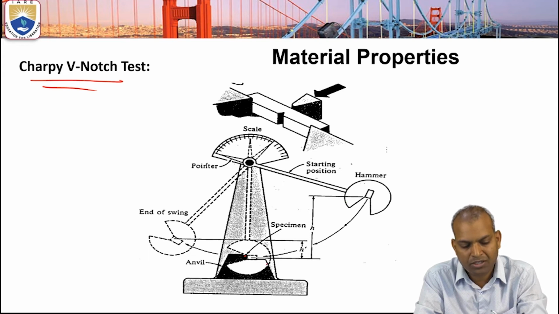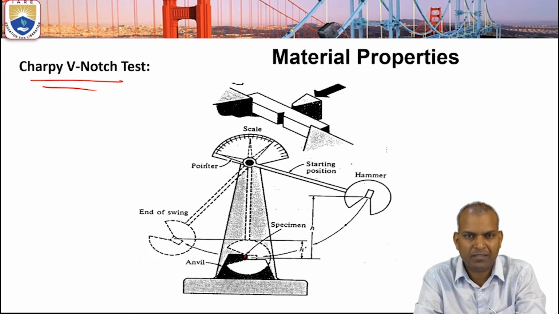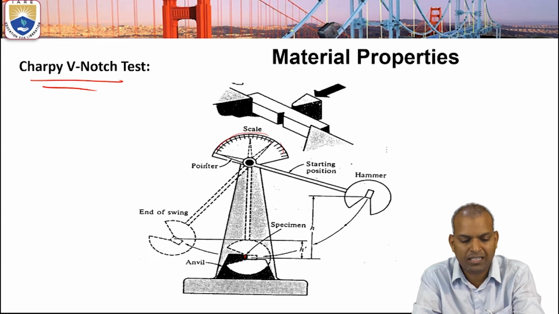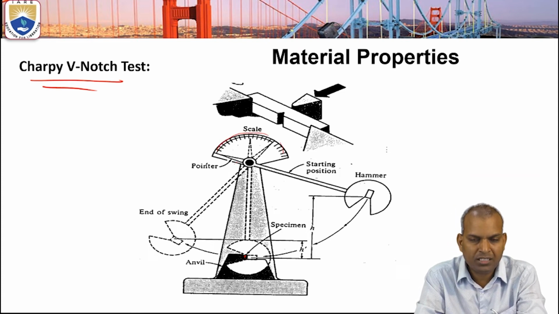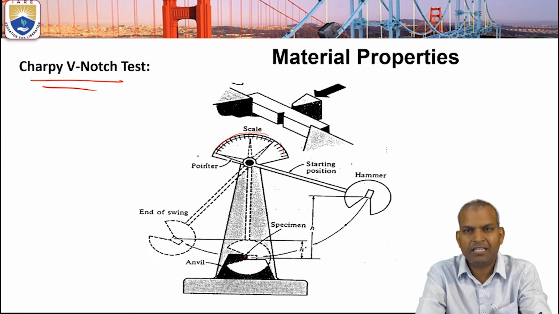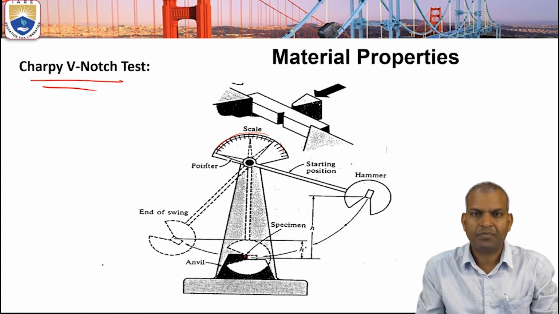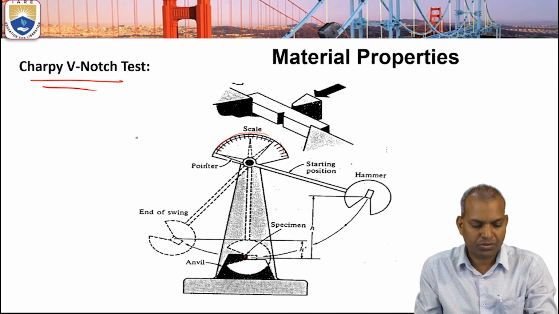That load strikes the specimen. Under the impact load, the energy absorbed can be measured on the scale. The pointer moves in such a way that the scale gives the reading of absorbed energy, in terms of joules.